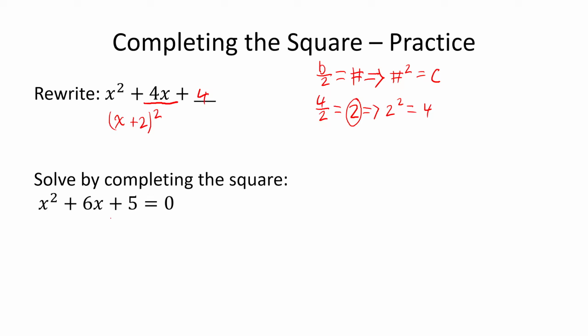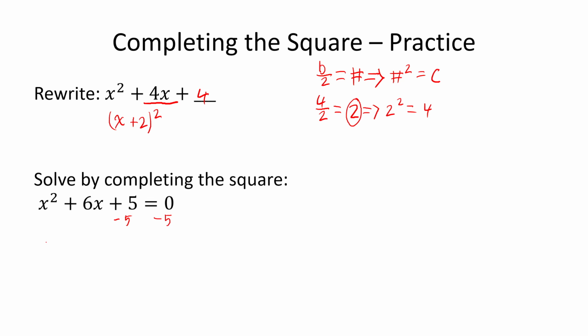So what does it look like here? Well, right now, this is actually factorable, but it says to solve by completing the square. So what does that mean? For this type of problem, let me rethink. We're going to subtract 5 from both sides, right? Because we want to get rid of that here.